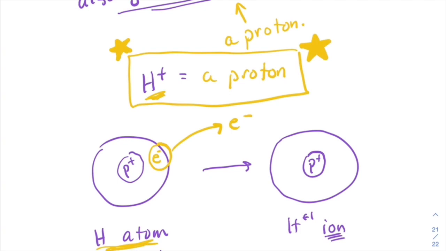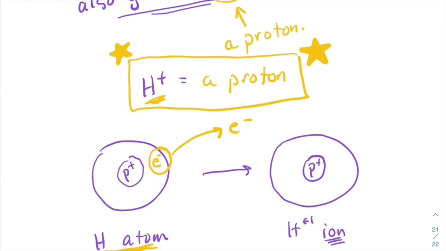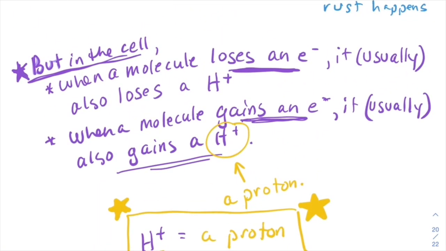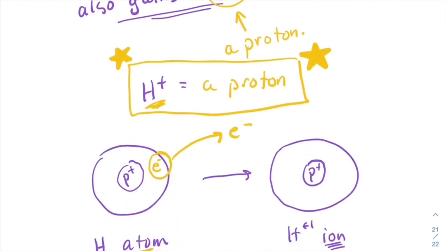So think about it this way. Going back here, when a molecule loses an electron, it usually also loses a proton. This little proton's like, well, wait, I don't want to go anywhere without you. So if this electron here is going to some other molecule, this proton's going to go with it. So in the cell, when molecules lose an electron, they also lose a proton.